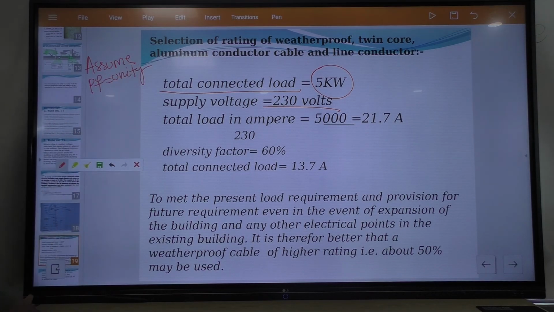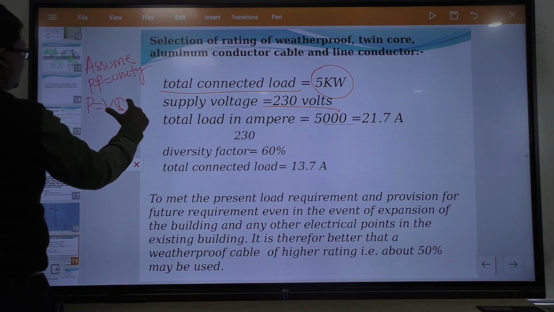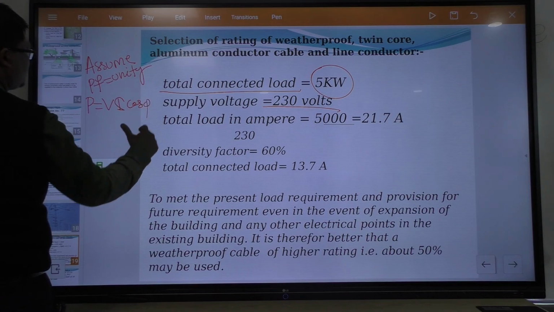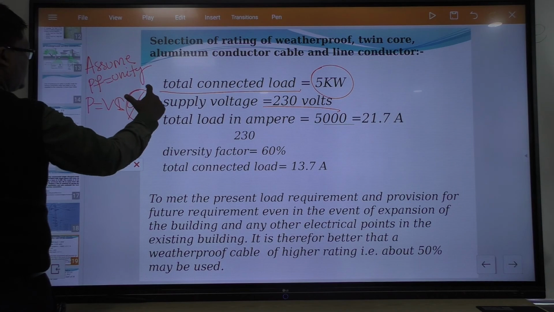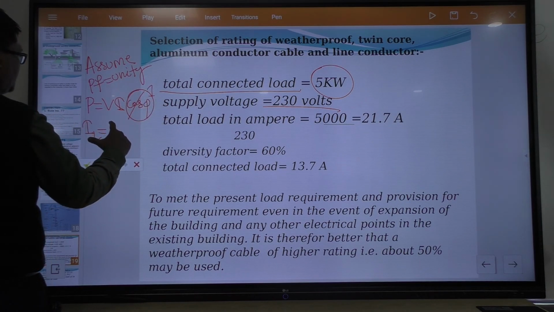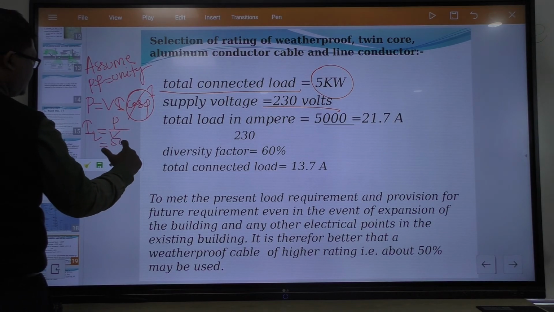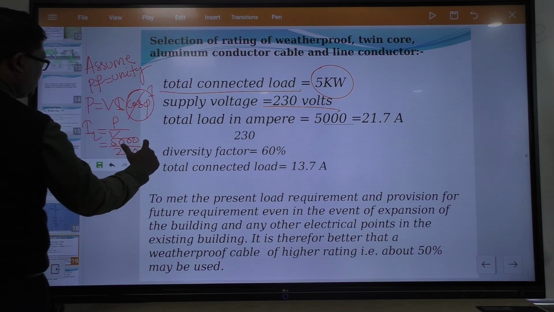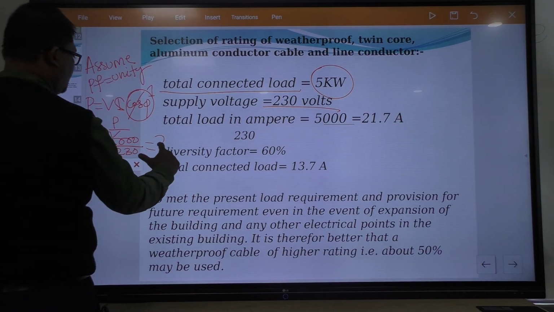The power expression is V I cos phi, so cos phi is 1. So our load current will be P by V, that is 5000 by 230, which gives 21.7 ampere.